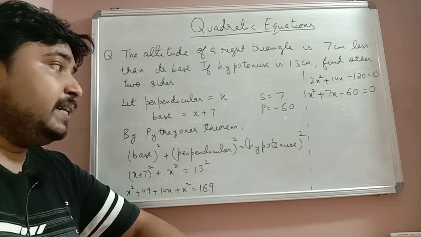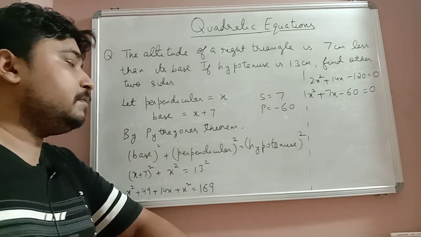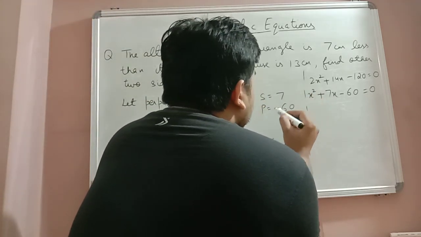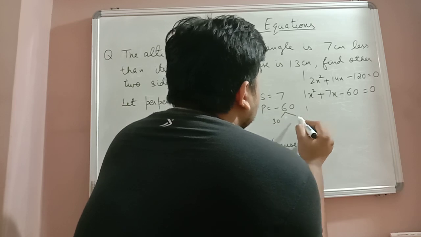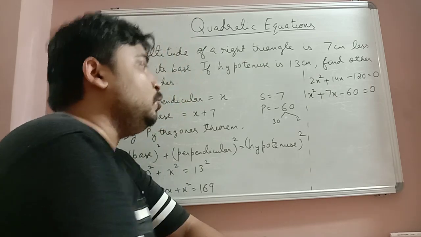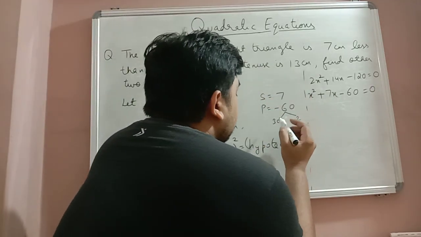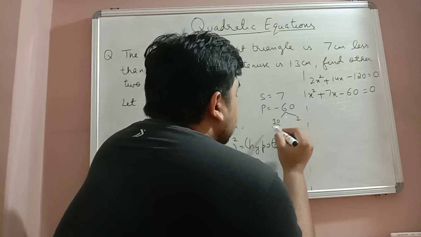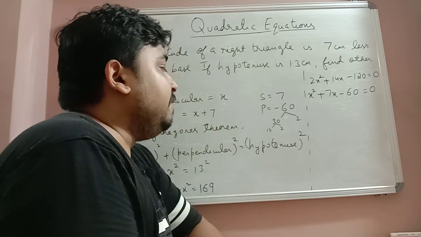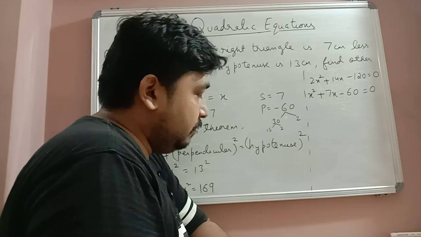Now let's try to split 60 as a product of numbers in order to get those two numbers. So I can write down 60 as 30 into 2. Now this doesn't solve our purpose because 30 and 2 will never make 7. Further splitting, I'll get 15 into 2 into 2. So if I take 15 and 4, again my purpose will not be solved.